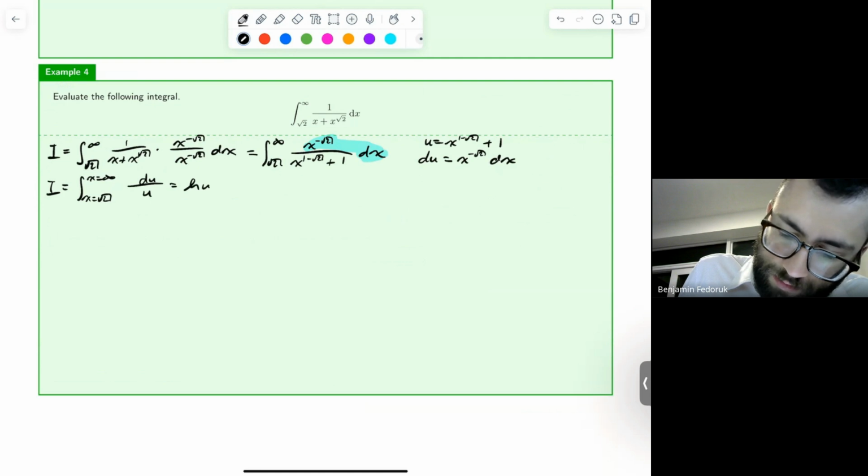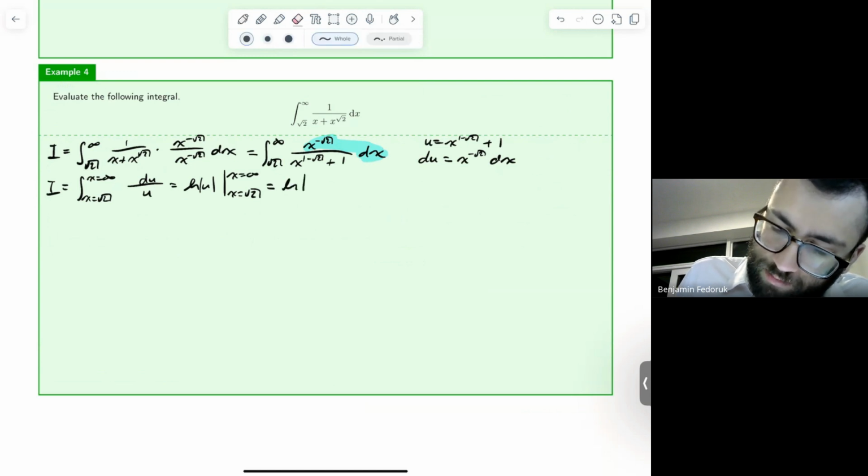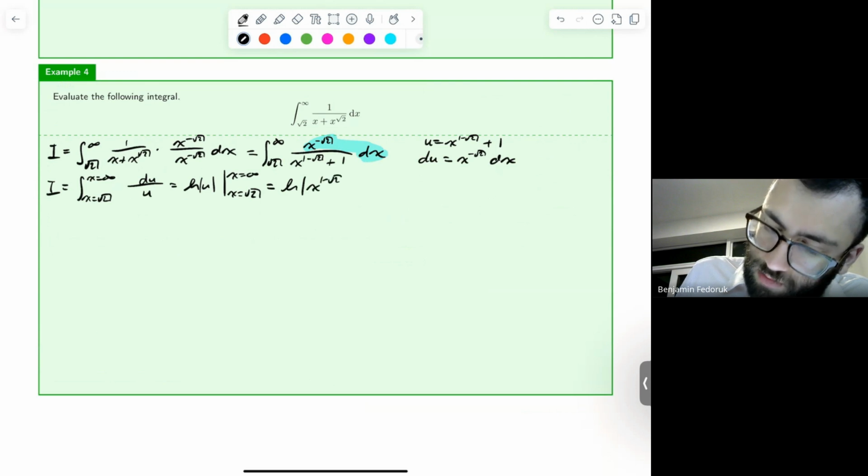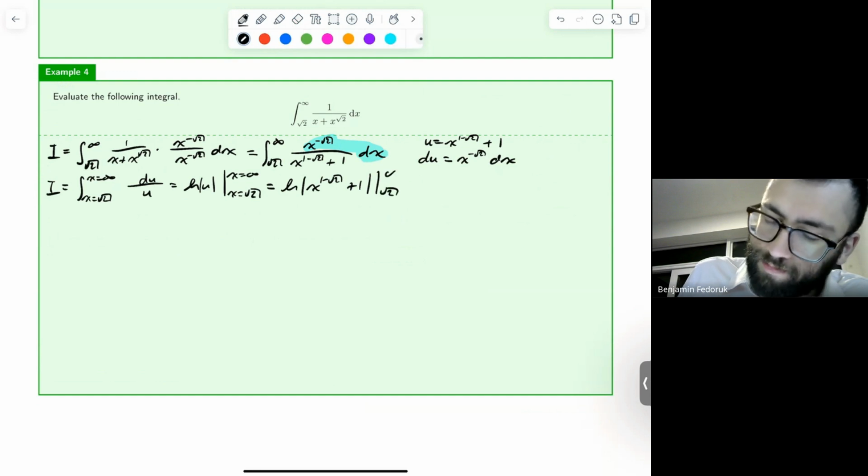Ln of u from x equals root 2 to x equals infinity. So that is ln of x to the 1 minus root 2 plus 1 on our bounds. And I don't need to write x equals anymore because that's the only variable left.